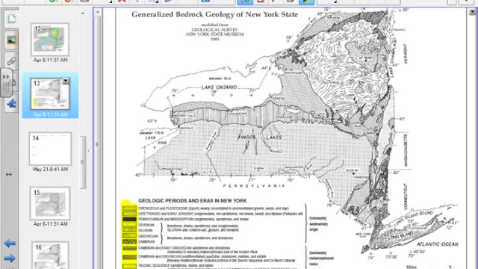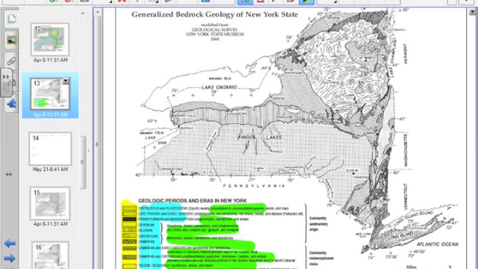And then beyond that, you'll notice that there are some words that are all in capital letters. These are the geologic periods for which those areas of bedrock date. Beyond that, you will see the type of bedrock mentioned. Okay, it's all of this.